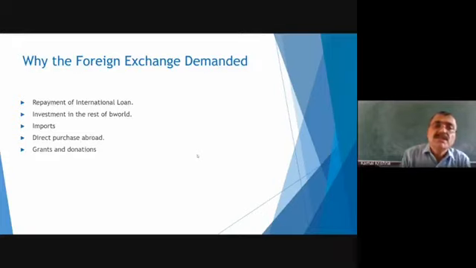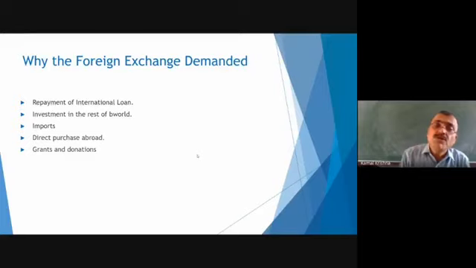Now the next concept is, students, why we demand foreign exchange. Suppose you take an imaginary situation: why do you need US dollar as an Indian citizen? Suppose if you want to go abroad for tourism purposes, यदि आप बाहर घूमना जाना चाहते हैं, then we need foreign exchange.